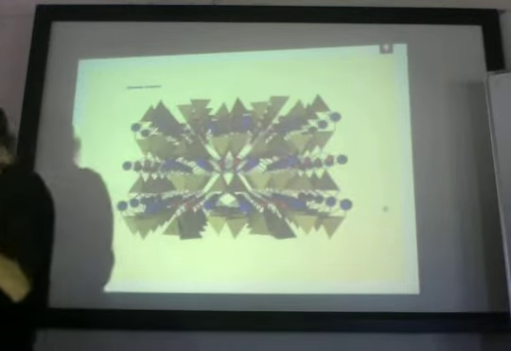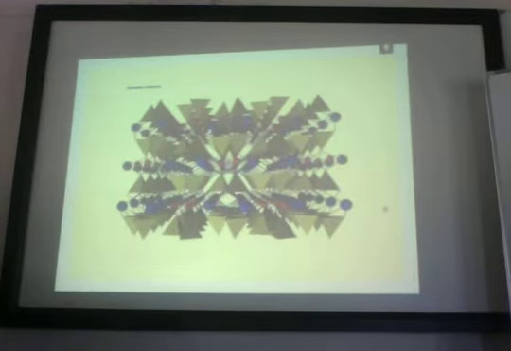So if we would have such a plot from an orthopyroxene, then all the red and the blue bubbles would be the same size, yeah?